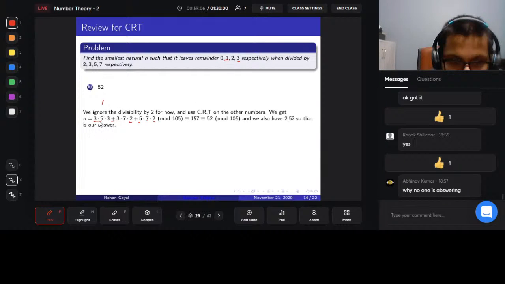So the value of this whole thing mod 105 is 45 plus 42 plus 70, which is 157, which is 52 mod 105. So the answer must be one of these values, and we want the value which is divisible by 2, which is 52. So that's our answer.